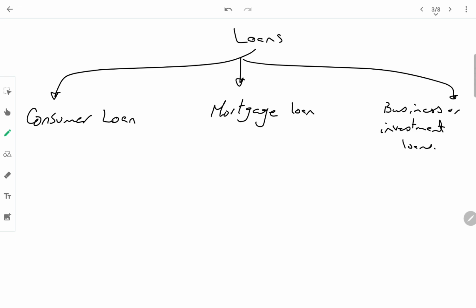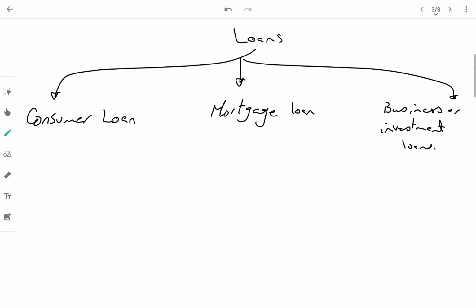Consumer loans are loans to buy consumer goods and services, such as buying a mobile phone on credit.